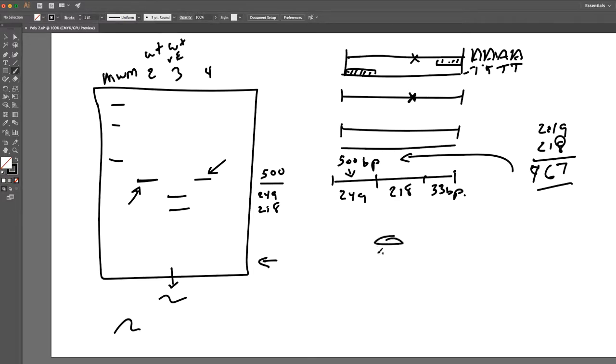So then they do an experiment where they do the PCR reaction and then they add the enzyme. What was it? TSP45, I think.